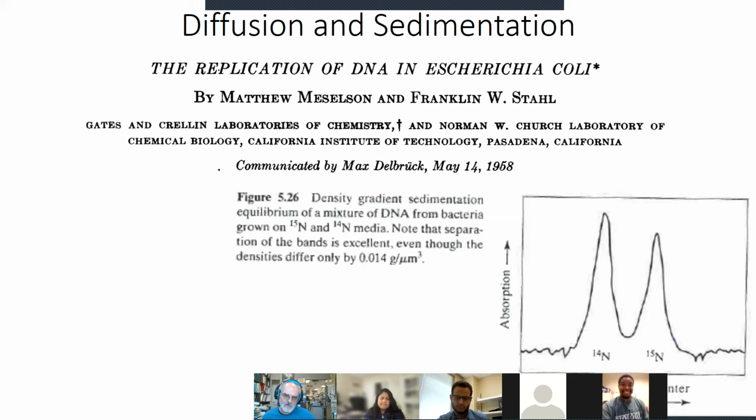The figure shown there is something that's in the book, and I have stolen it, but they stole it from a paper.